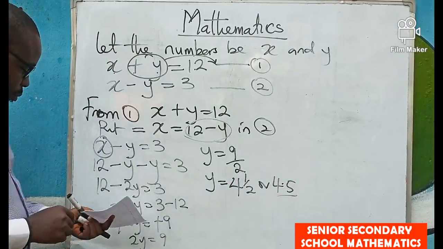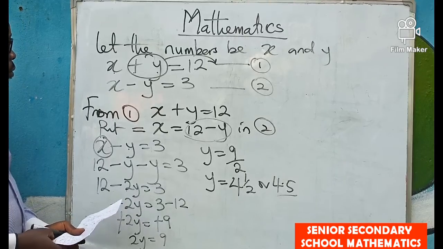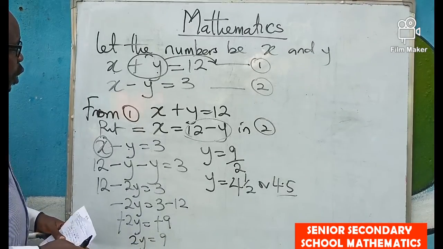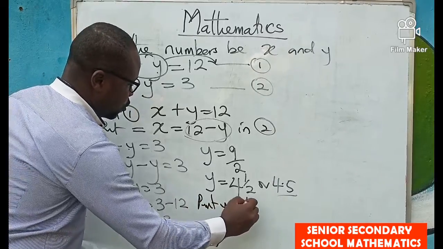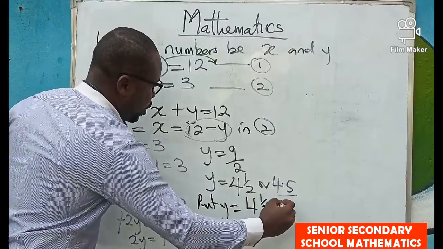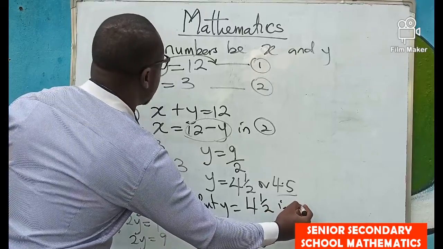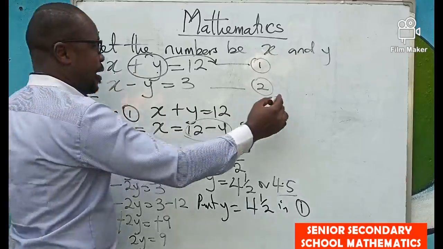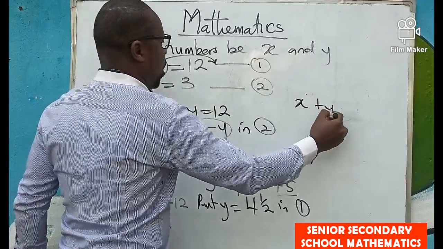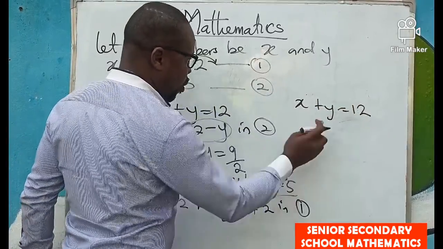Then we now want to get the value of x. So I can put y equal to 4.5 in equation 1. Any of them, of course. So I'm taking equation 1. We have x plus y is 12. Then we got that y is 4.5.